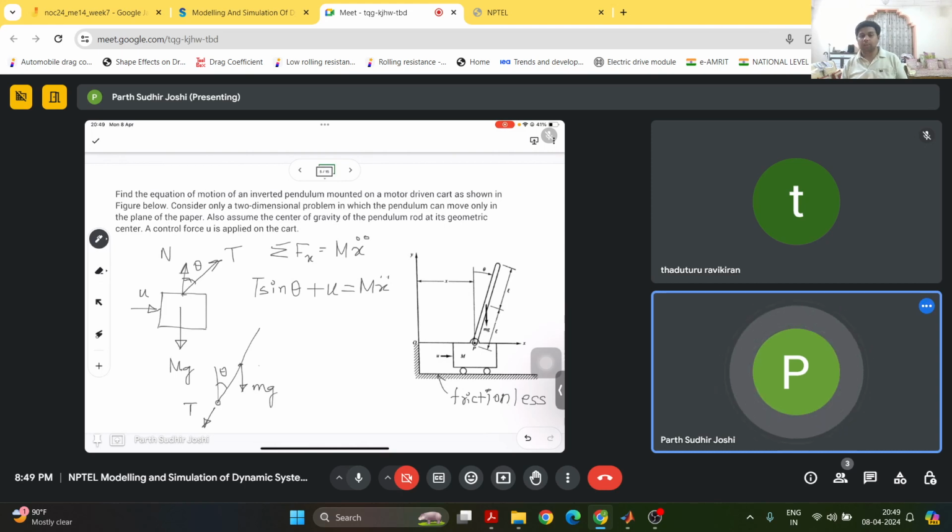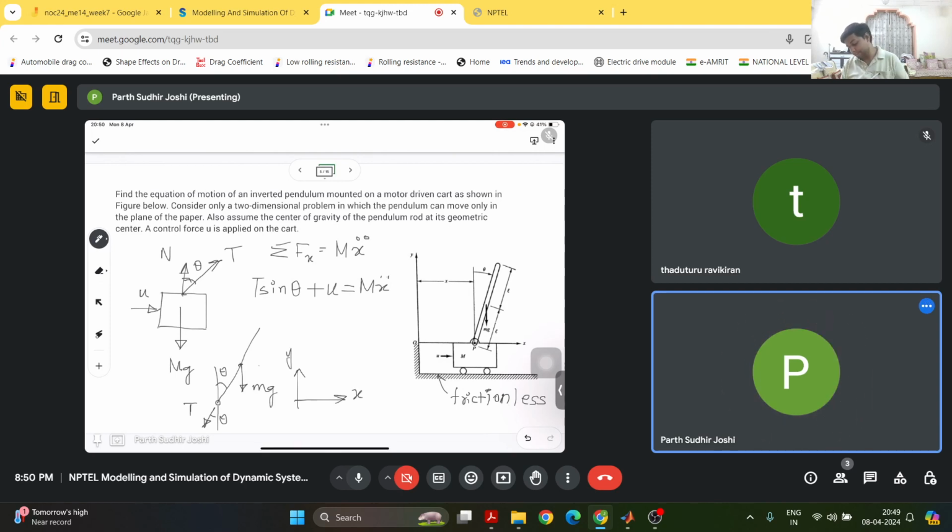the equation of motion along the x direction, so this will be, let us say, x direction and this is y.